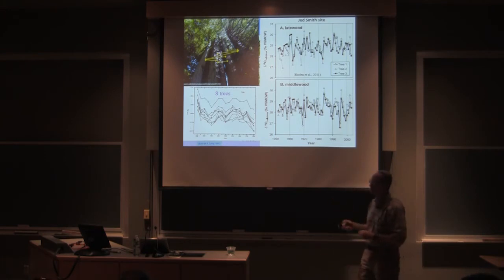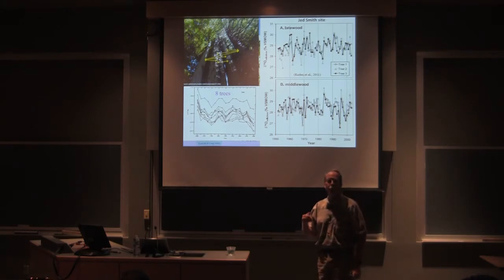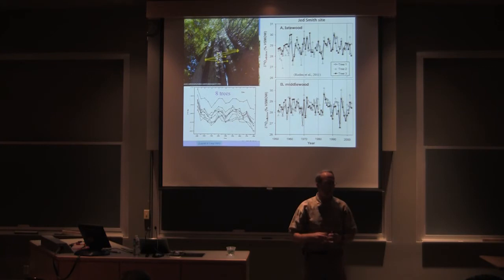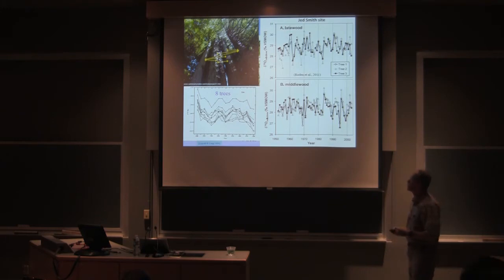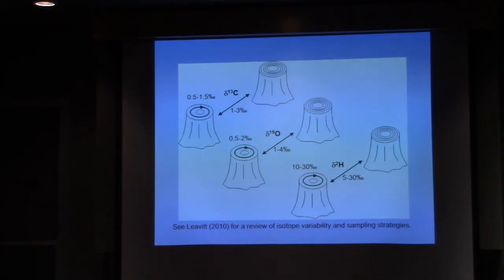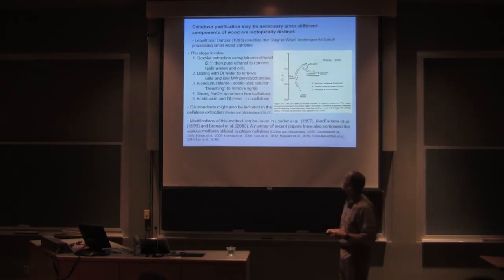The carbon isotope is much more sensitive to position of the tree: it's in the shade, it's in the sun, other physiological processes. Oxygen doesn't seem to be that sensitive to those kinds of positional changes. Okay? This is a good paper by Steve Leavitt that talks about variation within trees and between trees for the three major isotopes we're going to talk about. If you're interested, read that paper.